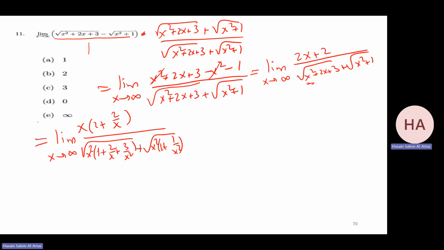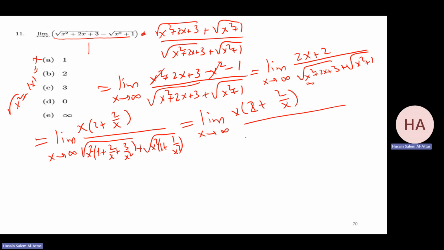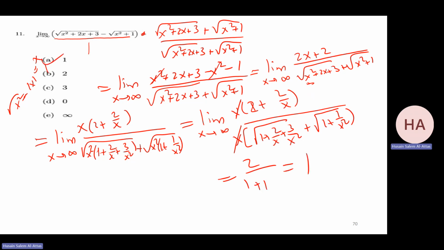This will be the square root of x squared, equal to the absolute value of x, equals x. So I can take x as a common factor. Since I'm going to infinity, I have nothing to worry about. That's it. I have x, take it as a common factor, one step, plus the other root, 1 plus 1 over x squared. It cancelled. 0, 0, 0. So you have 2 over 1 plus 1, which is 1, which is this answer.